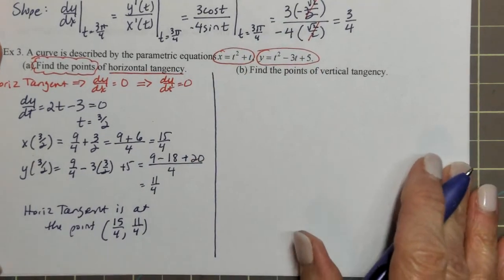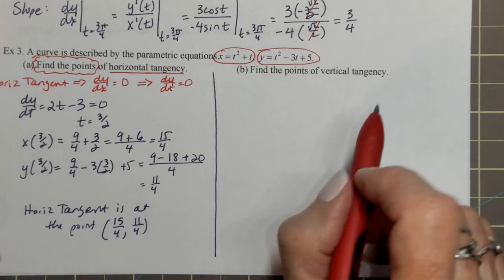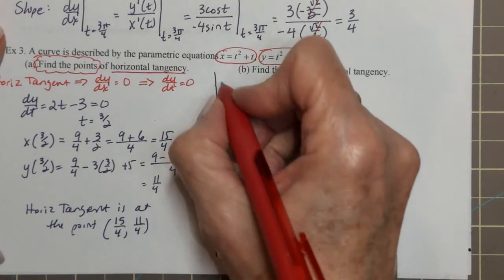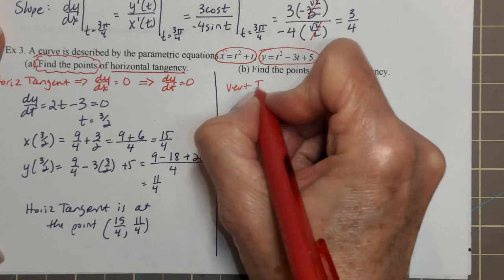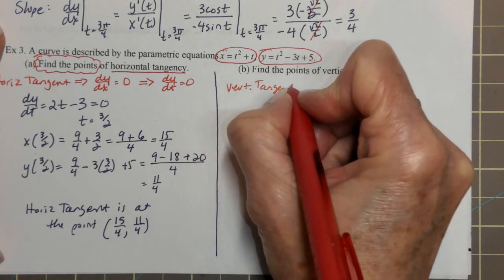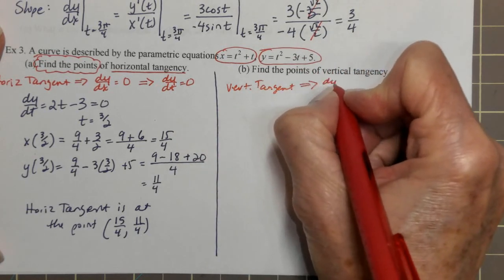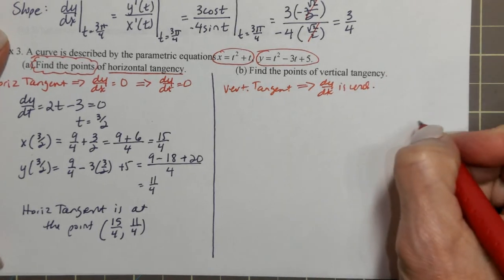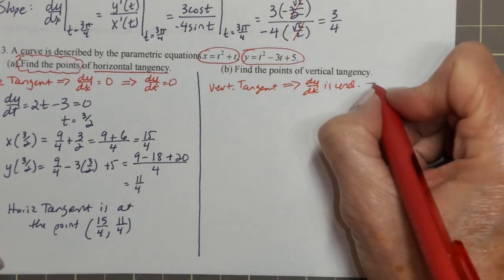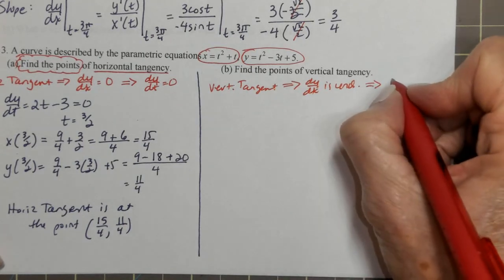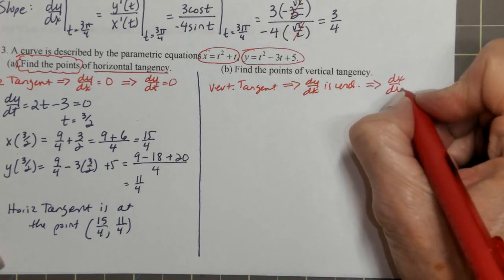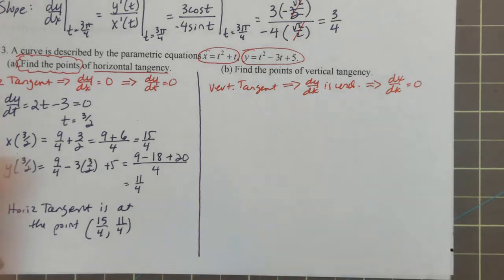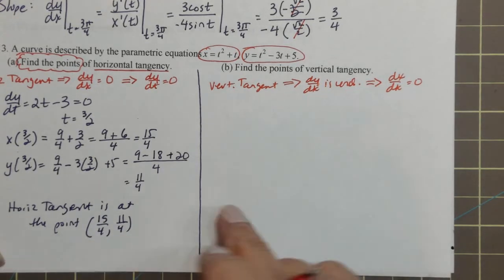All right, vertical tangency. So to have a vertical tangent, that's when dy dx is undefined. And dy dx will be undefined when the denominator is 0, and our denominator is dx dt. Okay, it all makes sense.